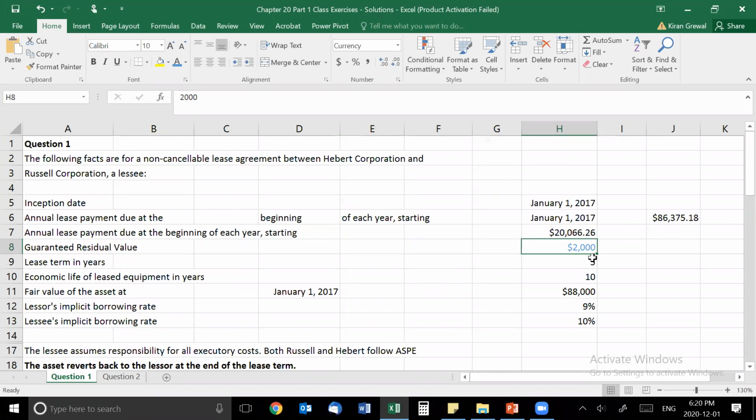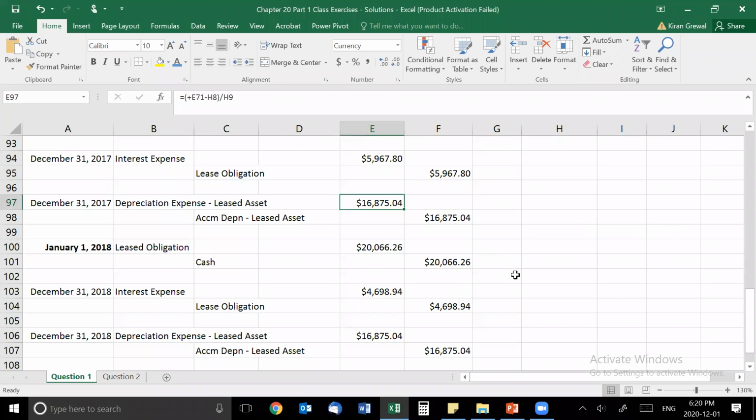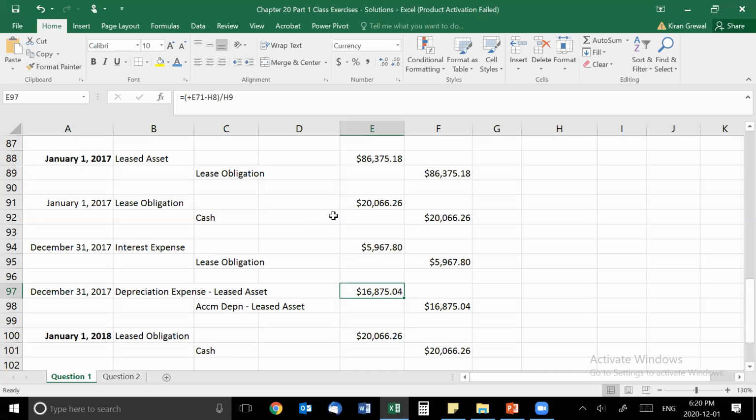And we're going to divide it by the lease term, which is 5 years. So if you do all that, you're going to get 16,875. And it's straight line, so every year it's going to be the same amount. Every year you're depreciating 16,875 until your leased asset goes down to, sorry, down to $2,000.